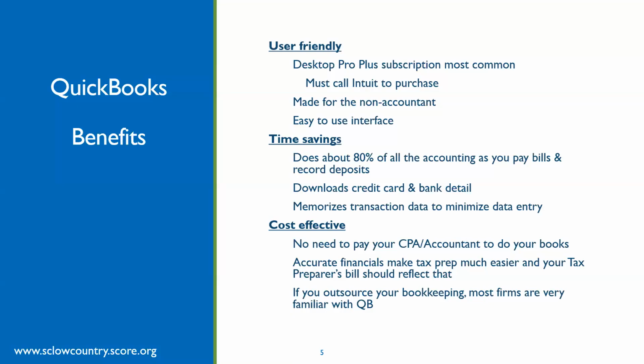In '22, they forced everybody into an annual subscription program for $349 a year. In '23, they've upped that subscription program to $549 a year. And even at that, it's difficult to buy the Desktop Pro Plus version, which is the most common and the one most people need. You can't get it on their website anymore. You have to actually call in to their sales department.